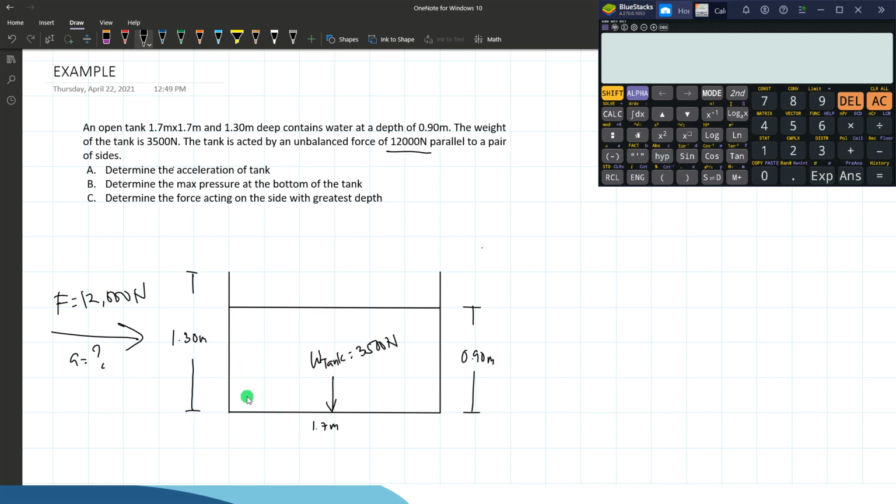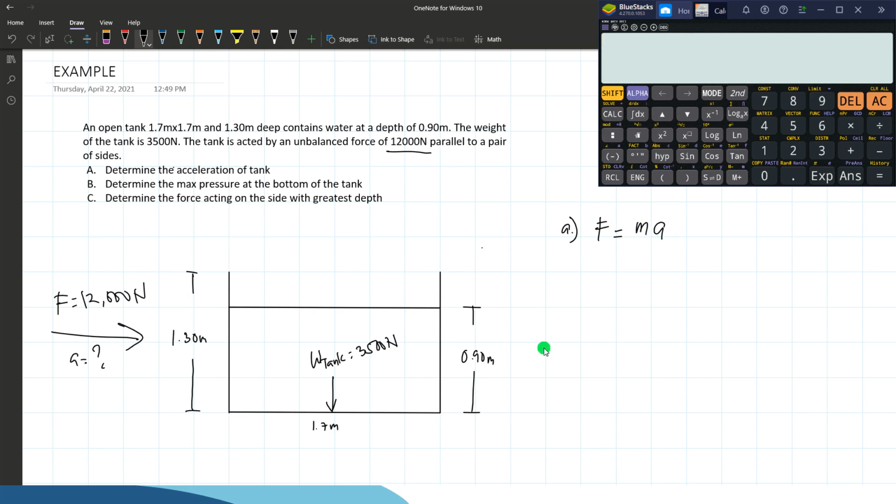Determine the maximum pressure at the bottom of the tank, and determine the force acting on the side with greatest depth. Okay, so let's start with letter A. For letter A, first let's determine the acceleration. As we recall, in physics, the force is equal to mass times acceleration.